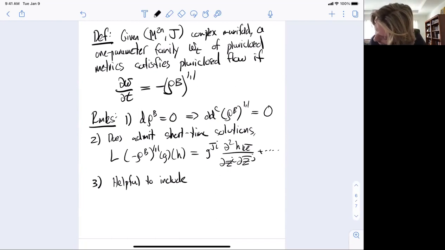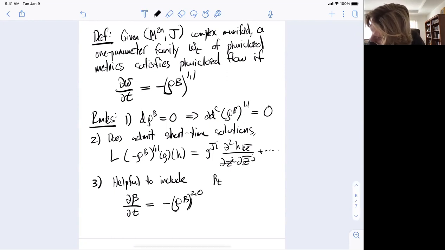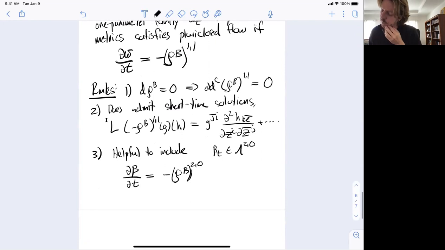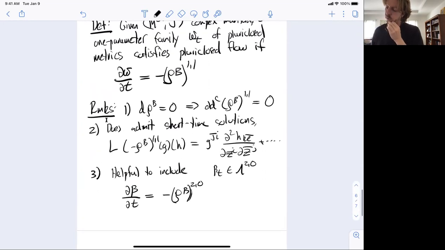So, the following equation. Del beta del t is minus rho bismuth 2-0. Here, beta t is a family of 2-0 forms. Again, maybe just to emphasize, we originally discovered this pluriclosed flow in this form.